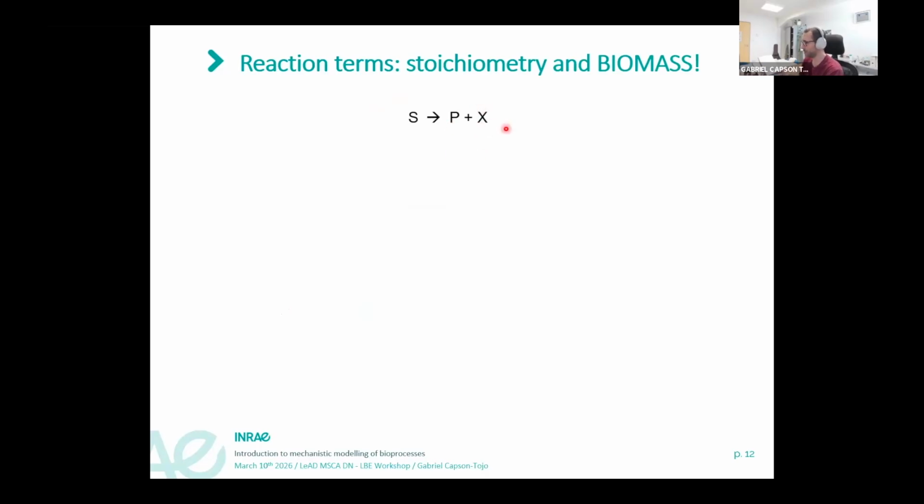This biomass that grows as S is being converted to P by a certain bacteria is what we call X. By standard nomenclature, any particulates, so solid stuff that you have in your model, is represented by X. So in this case, we're going to assume that X is your biomass and is the one that is responsible for transforming S into P.